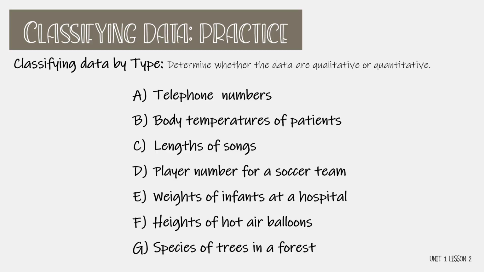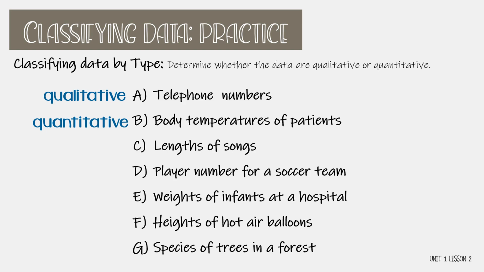Let's classify data. Here's some practice. We're going to classify data by type. We're going to determine whether it's qualitative or quantitative. So telephone numbers, you're not going to calculate with those. Those are qualitative. Body temperatures are quantitative. That's numerical, and the numbers mean something, whereas a telephone number is a location to get to your phone.